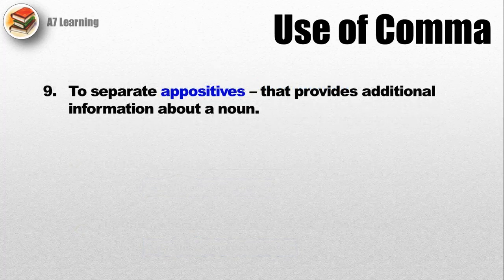Commas also separate out appositives, and appositives provide additional information about a noun. So this is almost similar to the very last example that I just gave you with Dr. Briley. A little bit different though, because it provides additional information about whoever that person is or whatever that thing is, whatever the noun is. So example: Michael, my brother, is a lawyer.